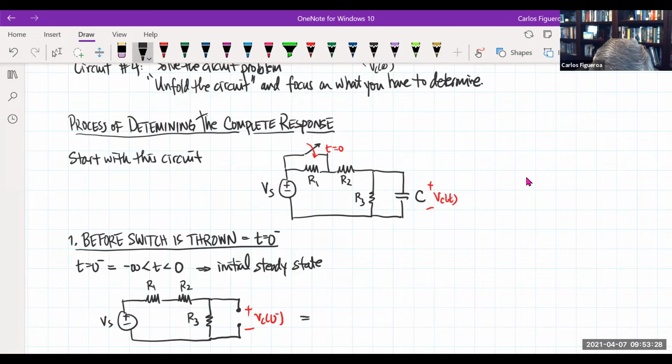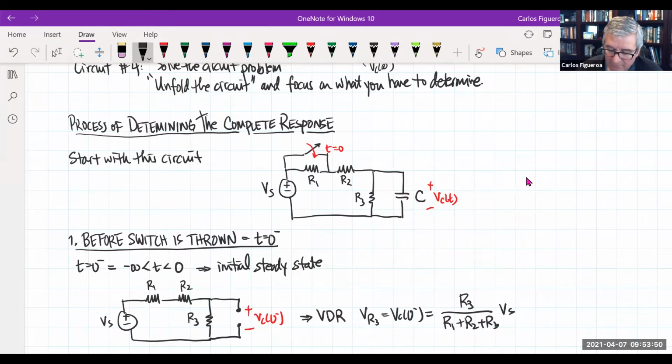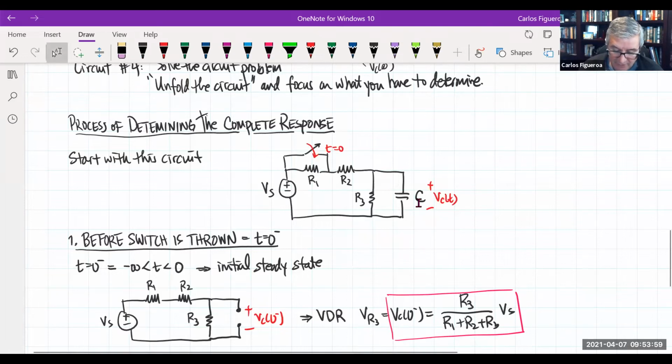So from VDR, using the voltage divider rule, I get this. Now I know what my VOC is, VC of 0 minus. That's what I have to do for the first circuit.